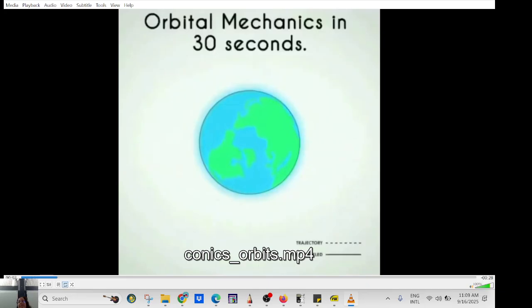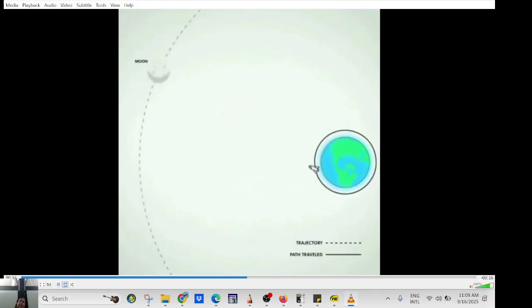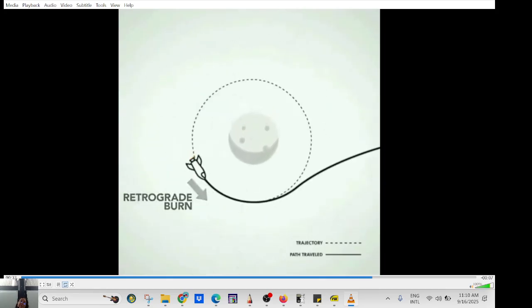See, falling, and then still falling, but now the Earth is curving away. Enough velocity, so now it's an ellipse. You go into orbit around the moon.